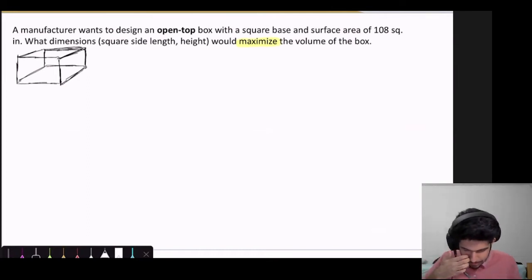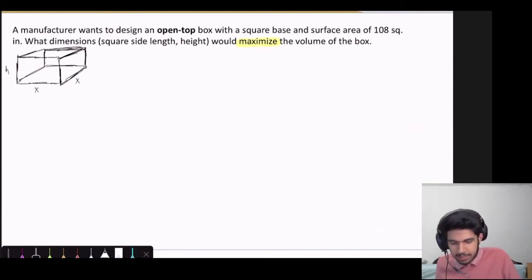The base is a square, so we'll give it dimensions x. And then we have some height, which I'll give the value h. We're given that the surface area should be 108 square inches.